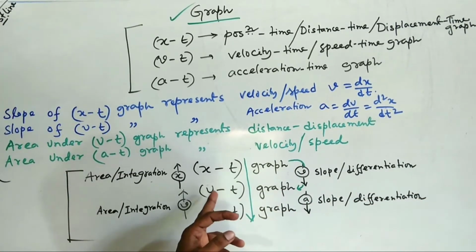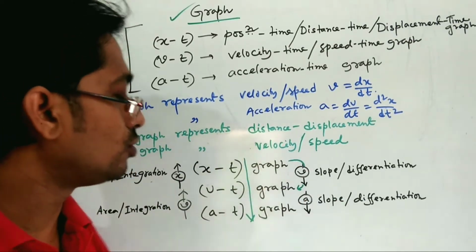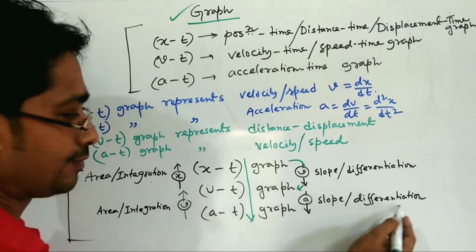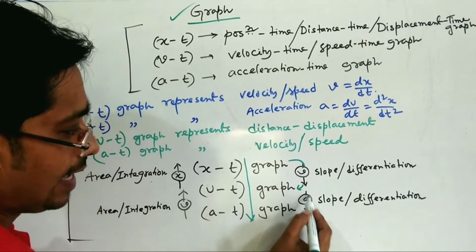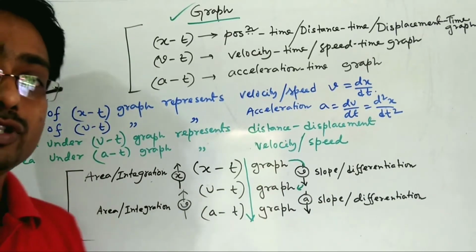Next, from the vt graph we can find acceleration. At that time also we have to find the slope of the vt graph or differentiate the expression, then we can get acceleration. So these are the formulas by which you can remember.